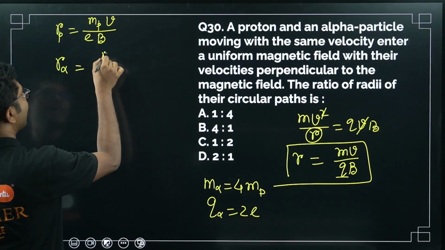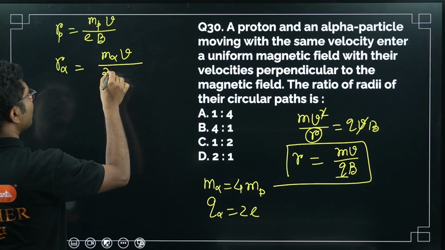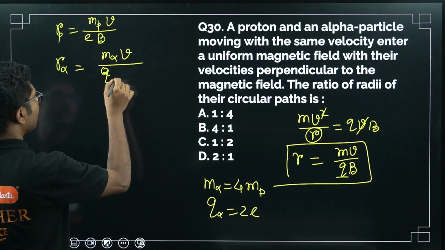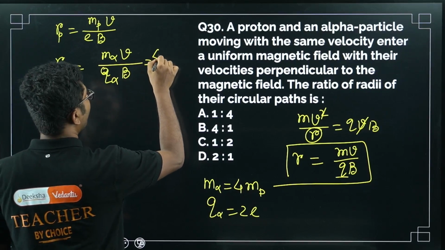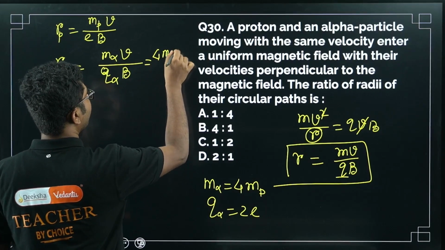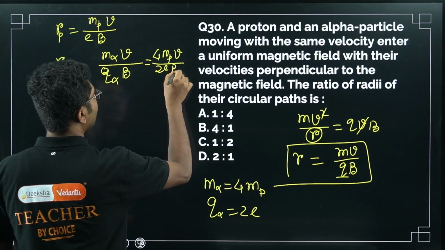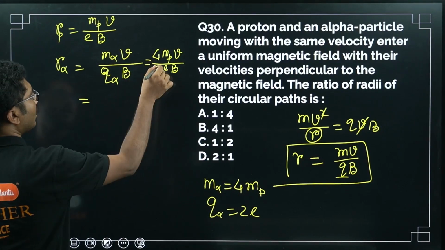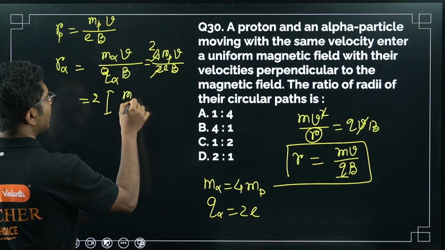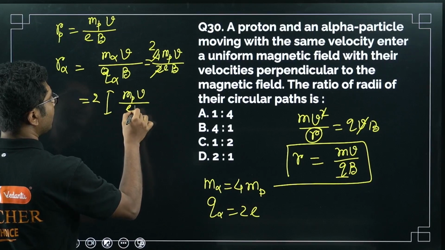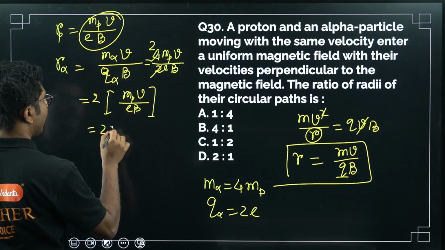R alpha is m alpha v divided by q alpha B. So that will be 4 mp v by 2eB, or it will cancel, so 2 mp v by eB. So that equals 2 rp.